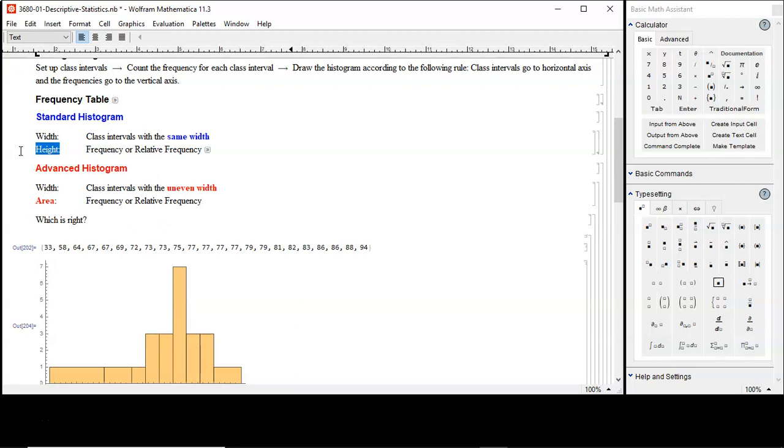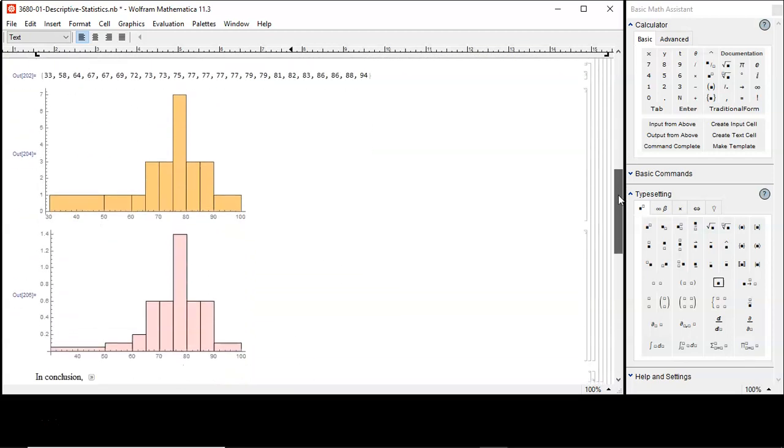But that's so 1000 level or high school level. Here in 3000 level, let's get out of there. Let's completely discard the notion of height because that's not correct anymore. Let's focus upon the area, and it happens that areas and height are proportional when we have the same class interval width. When we have uneven class interval width, you have to go for area.